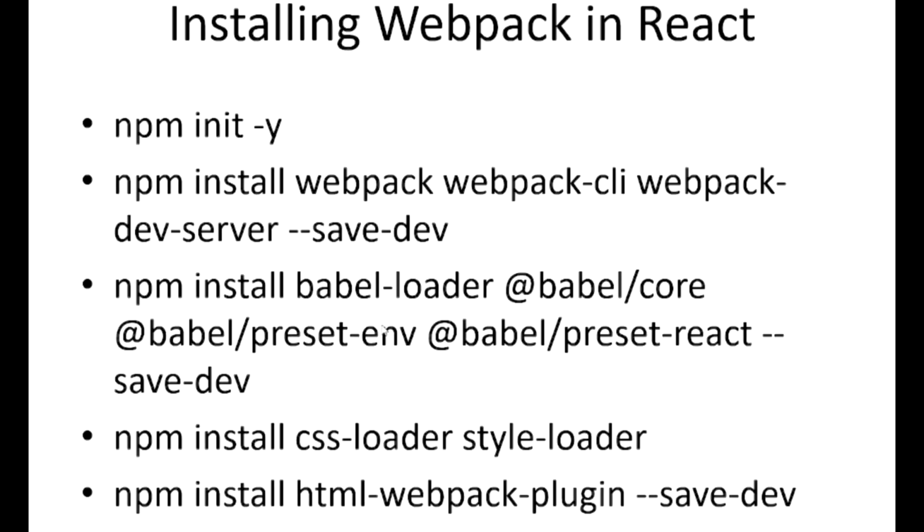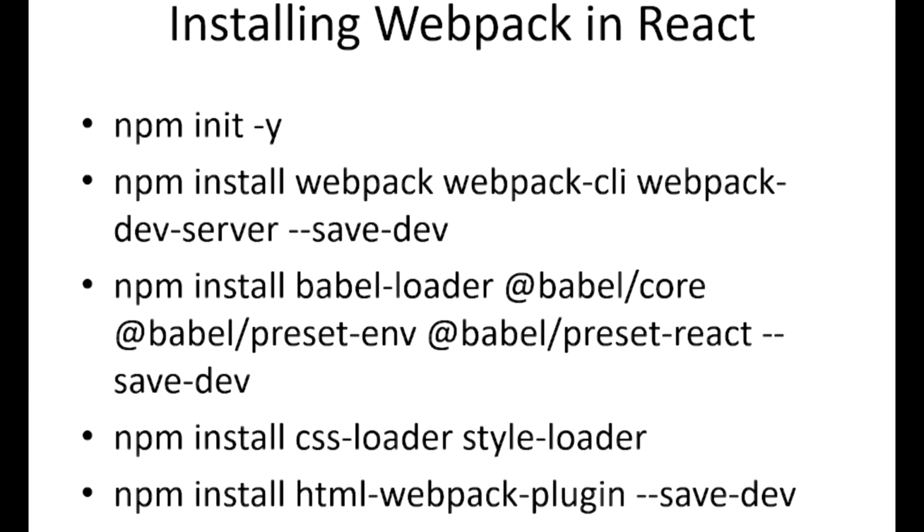How can you install Webpack in React? This is the common command that we normally use: npm init -y, then npm install webpack webpack-cli, and then npm install babel-loader, npm install css-loader, npm install html-webpack-plugin. This is the way we can install Webpack in React.